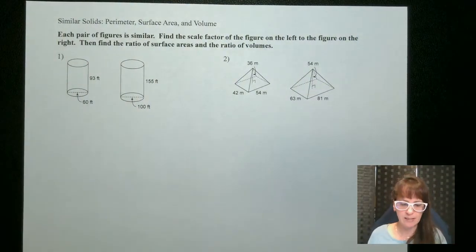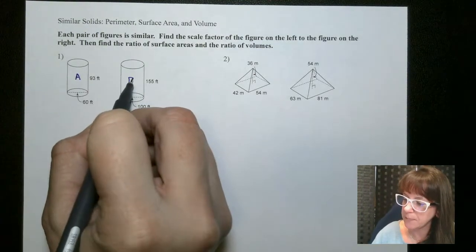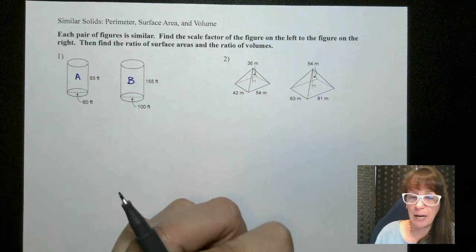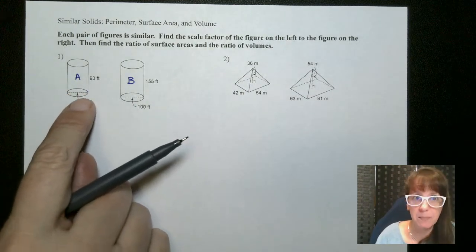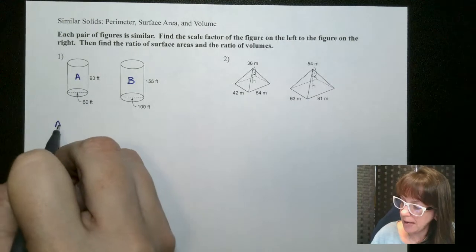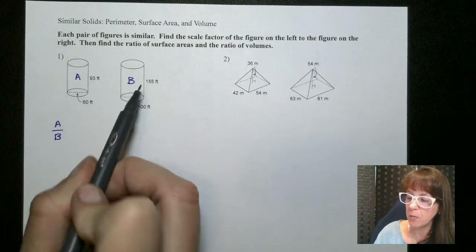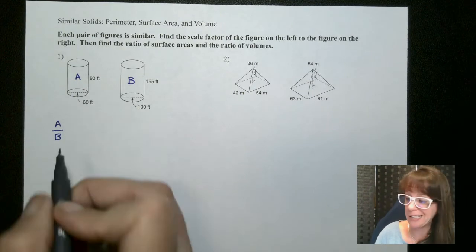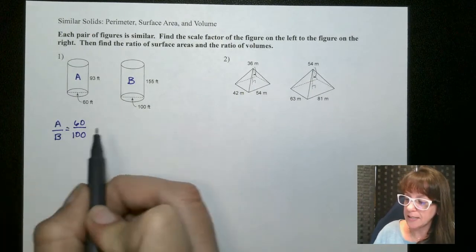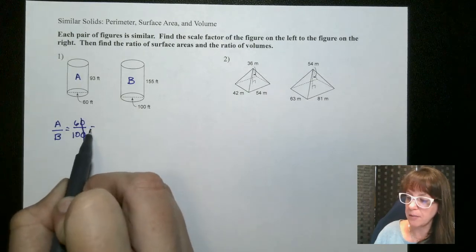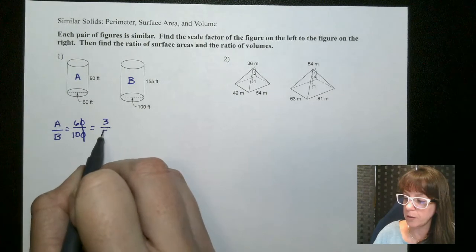All right, let's take a look at this. We're first going to find our scale factor. I'm going to call this guy A and this one B. So our scale factor for A to B for the sides, or for finding, say, the perimeter of the base, would be A to B. Now I could choose 93 to 155, or I could do 60 to 100. I'm lazy, so I'm going to do 60 to 100 because that's easier. Lop off those zeros, I'm left with 6 over 10. Divide both of those by 2, and you get 3 over 5.